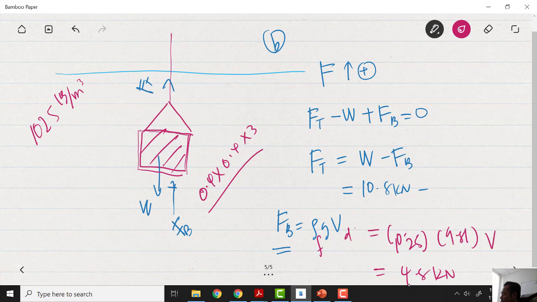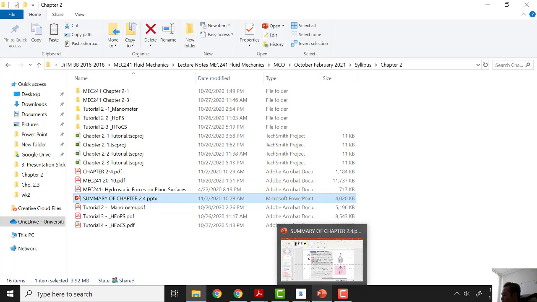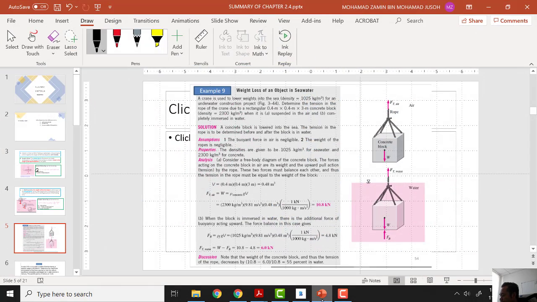This is the Fb. So subtract 10.8 minus 4.8 kilonewton, and we got 6.0 kilonewton. So the force needed to hold the concrete in water is lower than when suspended in air. Okay, that is example 1.